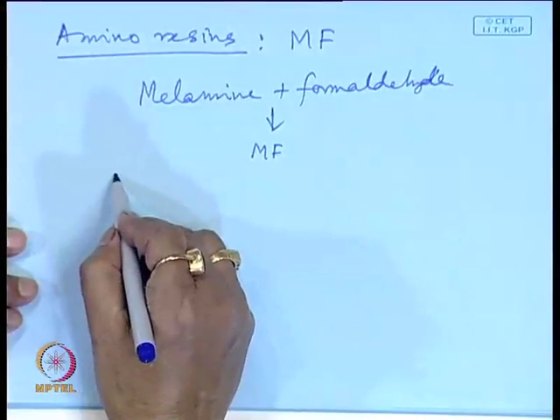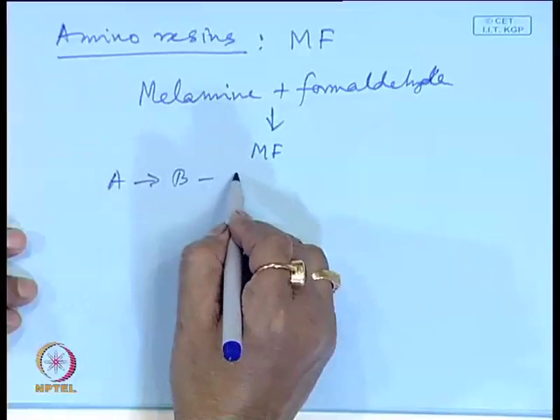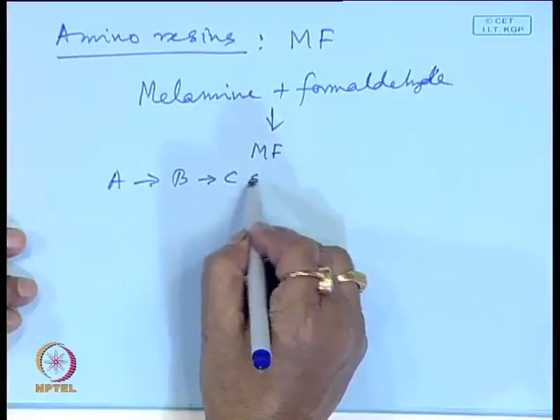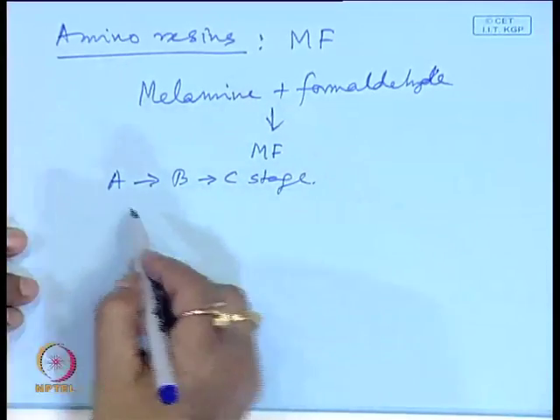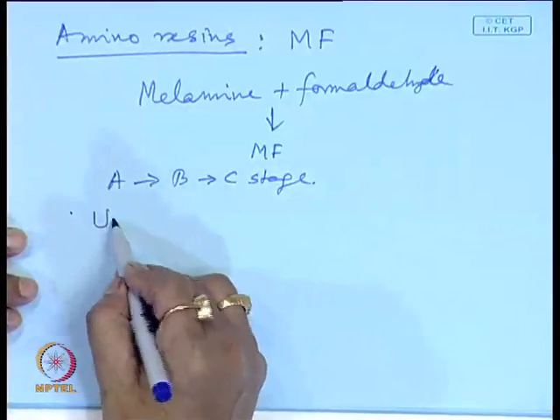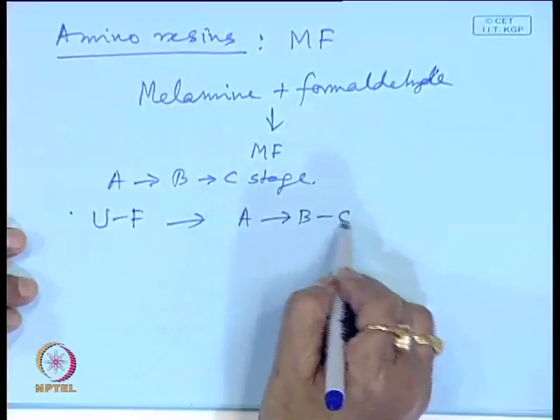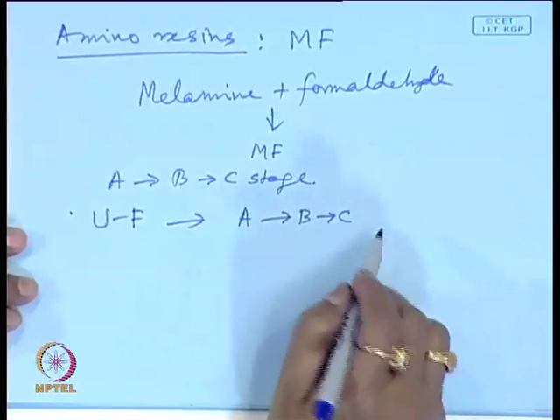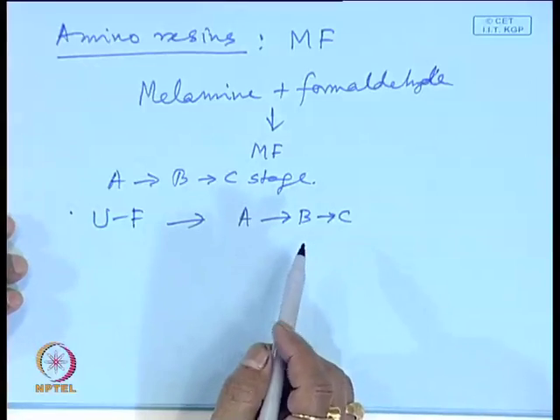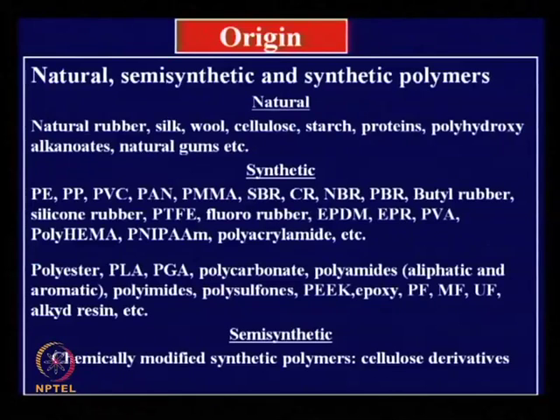It also passes through A to B to C. Similarly, urea formaldehyde also leads from A to B to C stage. So, all these lead to a cross linked polymer structure at the end. Alkyd resin is a polymer, again a polyester. Alkyd resin is a polyester made from phthalic anhydride and glycerol.